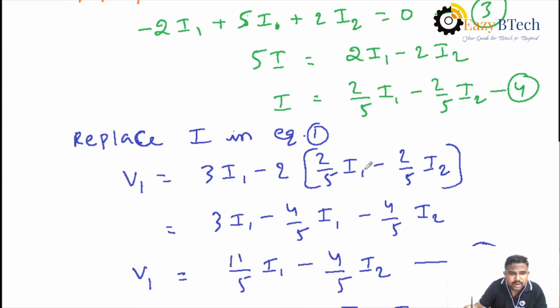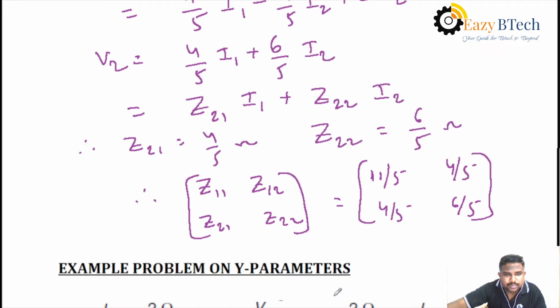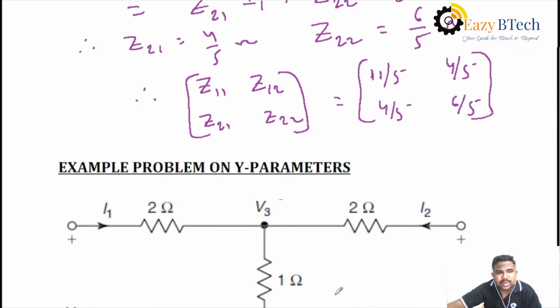Here minus to minus becomes plus, so this value will be plus. That's why Z12 also has a plus value. Then this is the Z matrix.